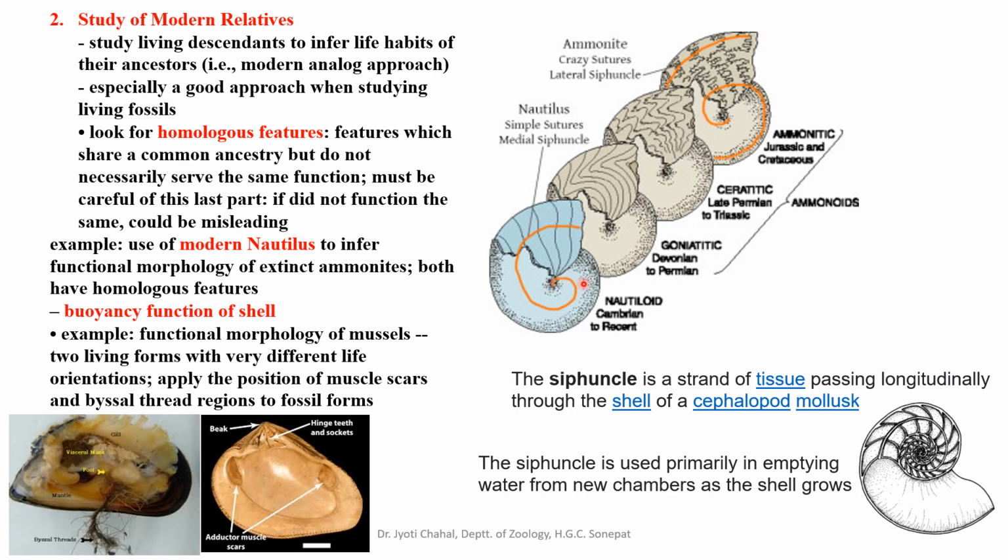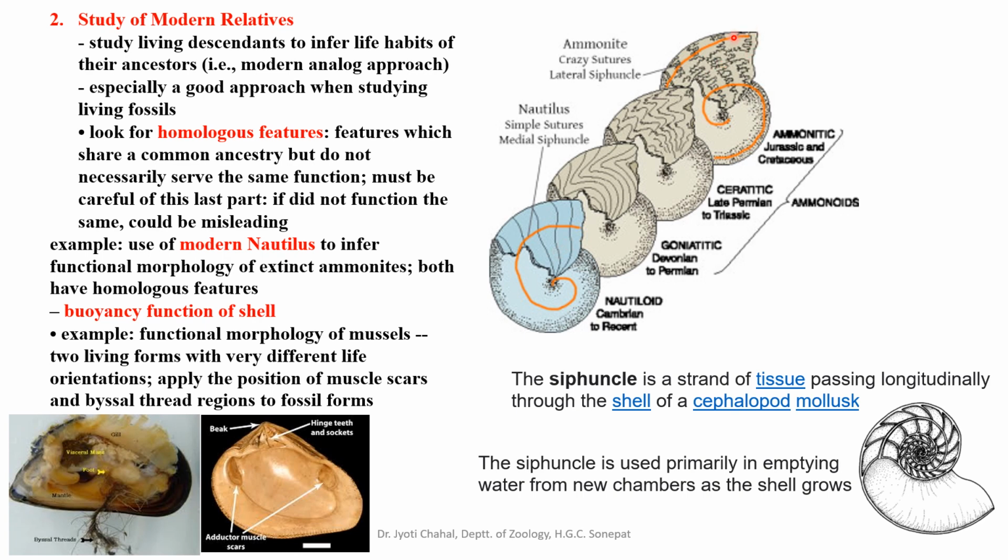Now what is the siphuncle? You can see this orange line shown here. That is the siphuncle, and in the case of nautilus, the siphuncle is median. You can see it is located exactly in the midline. It's a strand of tissue, a pipe-like structure.